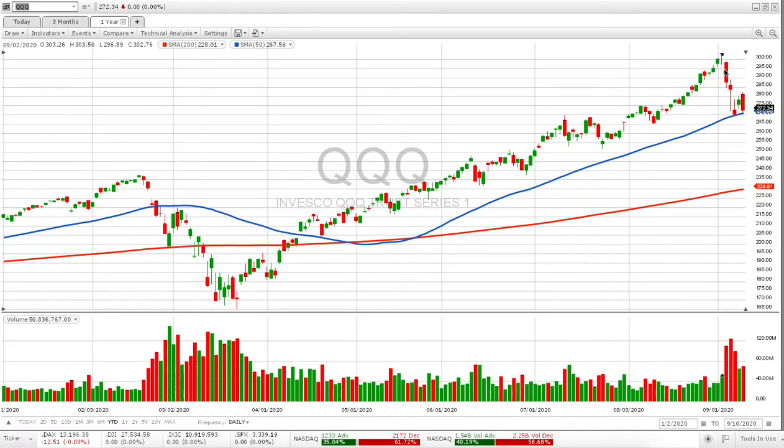We exited all of our long positions here, and you can see this 10% is the fastest 10% correction, and the NASDAQ is sitting right here on the blue line, which is its 50-day moving average, and anything below that I would consider a more serious correction instead of just a 10% pullback. But we would not get into bear market territory, in my opinion, until we went below this line.